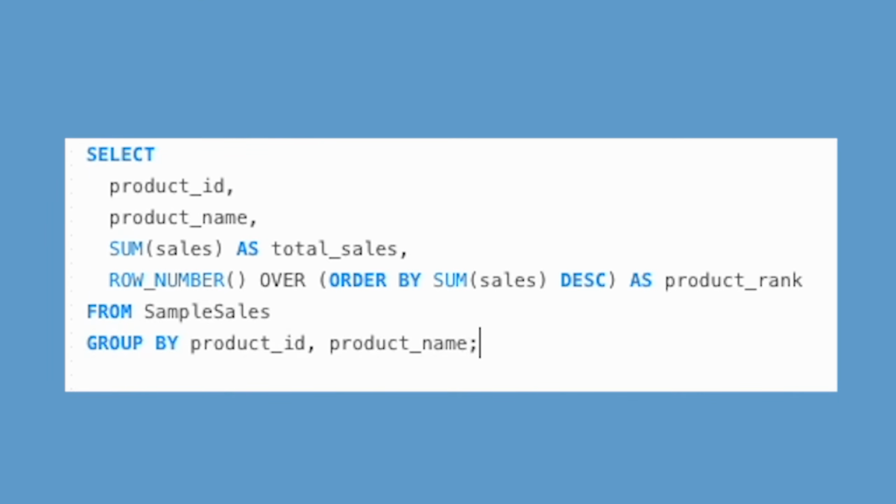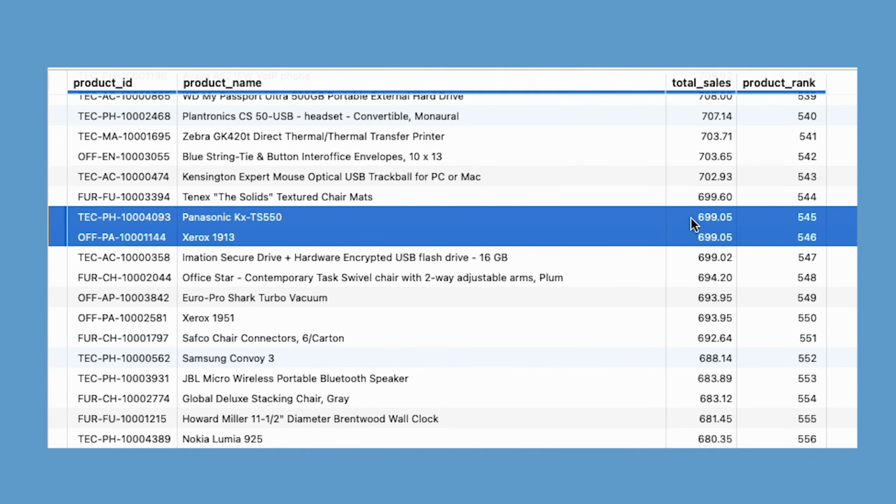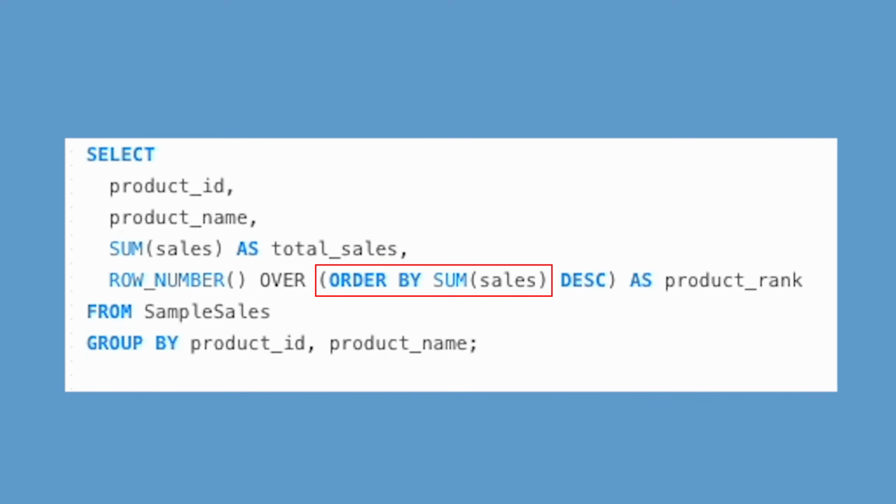Row number gives a unique row number to each row regardless of tied values, as we can see here. Now obviously, if we didn't have the order by clause, it wouldn't make much sense, other than to give each row a unique identifier. With it though, the row number is given to each row in the order it is written in the result. The order by clause orders the values in the result in descending order.